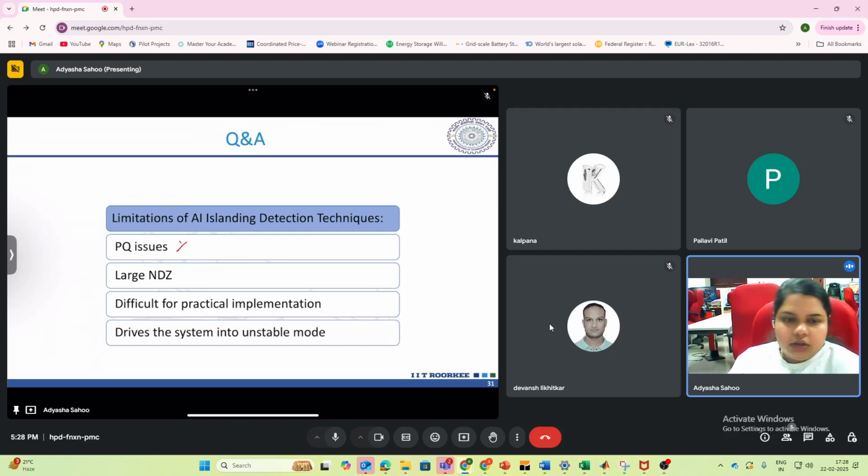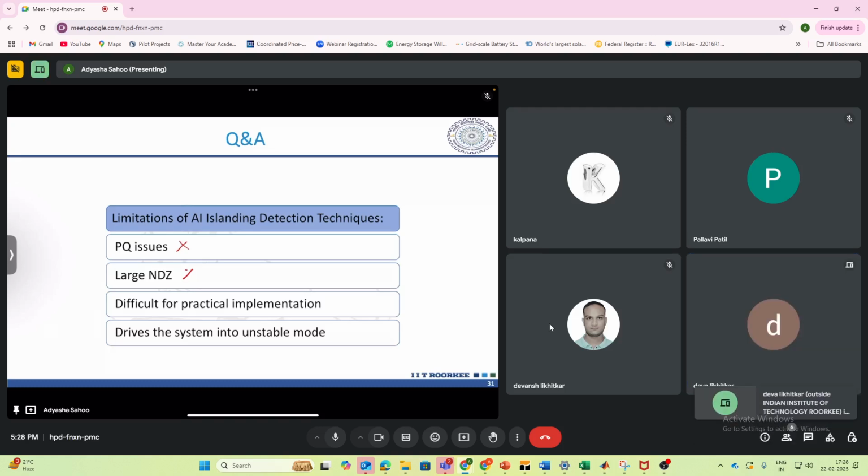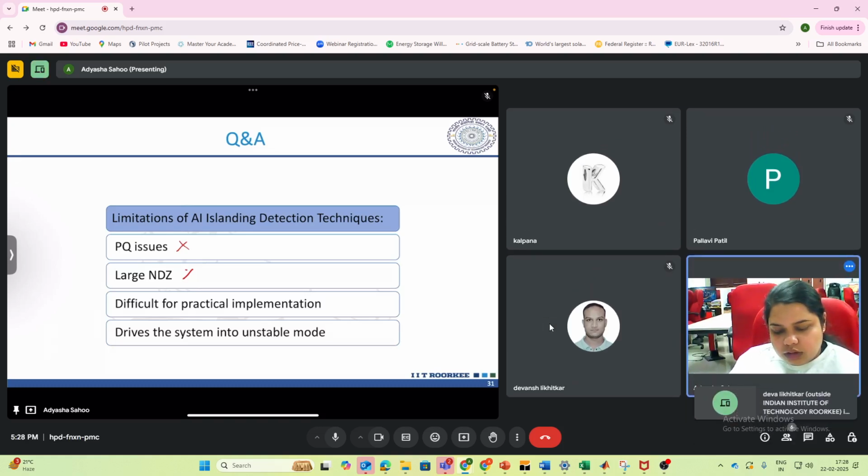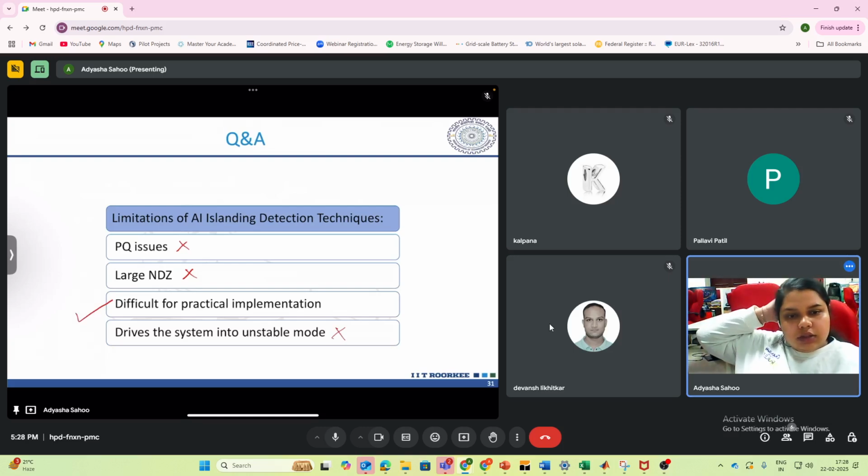Basically, there are no power quality issues because you are just analyzing the data here. You're not injecting any signals here. AI-based techniques also have a lower non-detection zone. It does not drive the system into unstable mode. This was for positive feedback. The only thing is it is difficult for practical implementation because firstly you don't have a huge data set available to train this model, and also then apply these techniques to the practical grids.